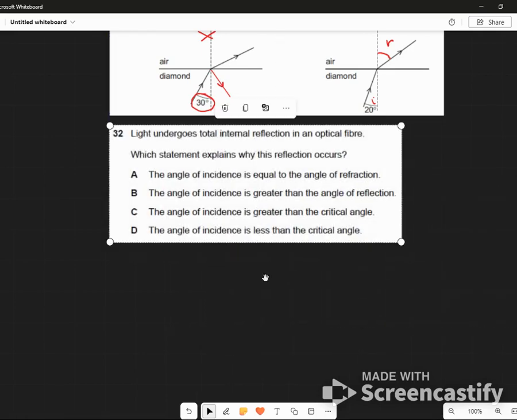Okay, now let's have a go. Anyone want to answer that one? Anyone fancy that one? Light undergoes total internal reflection in an optical fiber. Which statement explains why this reflection occurs? Are we good?